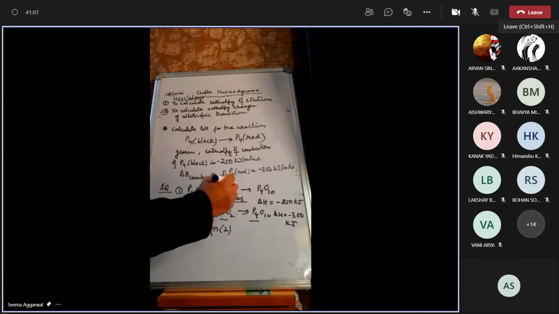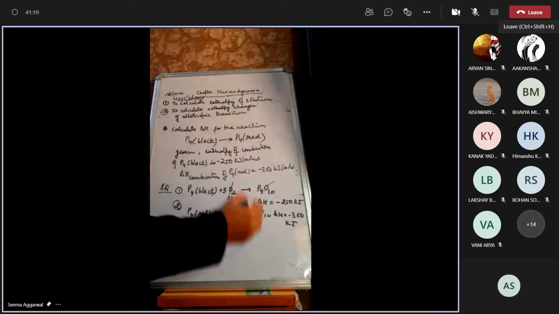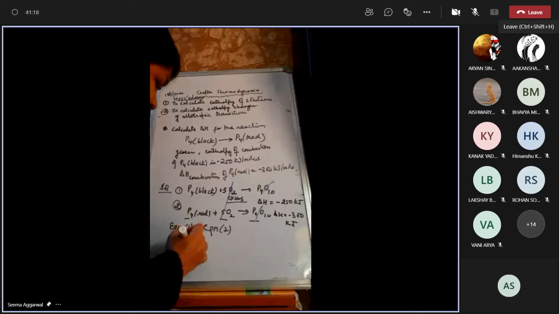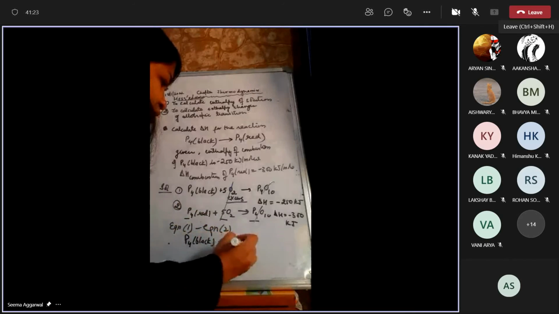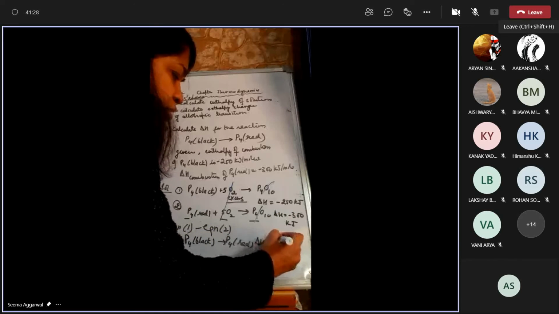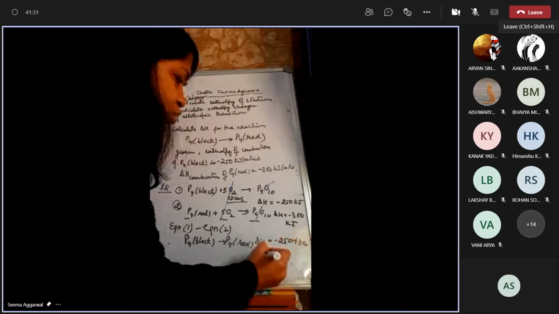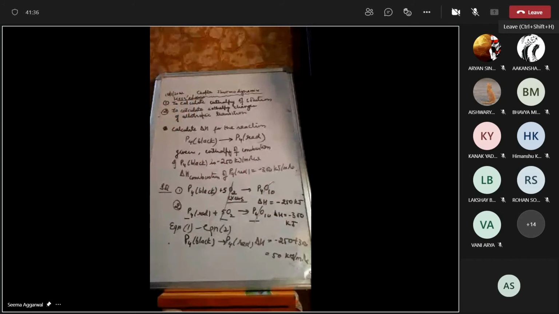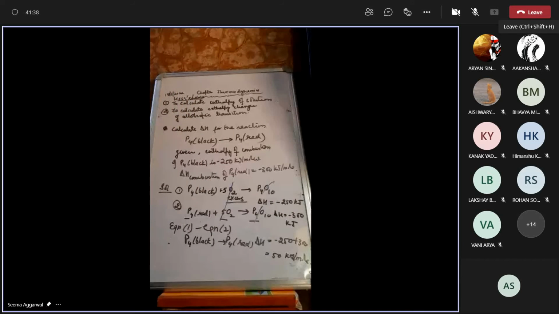When I subtract, 5O2 gets cancelled and P4O10 gets cancelled, leaving phosphorus black minus phosphorus red. So phosphorus black converts into phosphorus red. And we subtract the enthalpies too: minus 250 plus 300, which is equal to 50 kilojoules. So this is the second application of Hess's law, to calculate the enthalpy change during allotropic transitions.